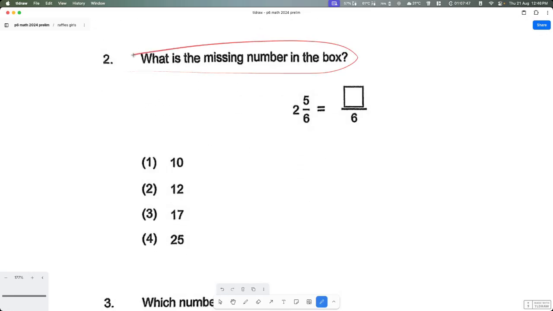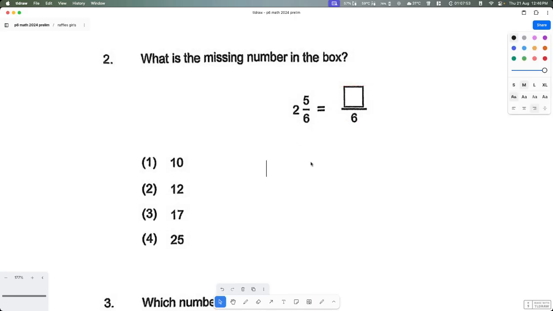Question 2. What is the missing number in the box? 2, 5 over 6, equals to 2 whole numbers. So we need to have 2 times 6 plus 5, over 6. 2 times 6 is 12, so let's break it down: 12 plus 5 over 6. 12 plus 5 becomes 17.